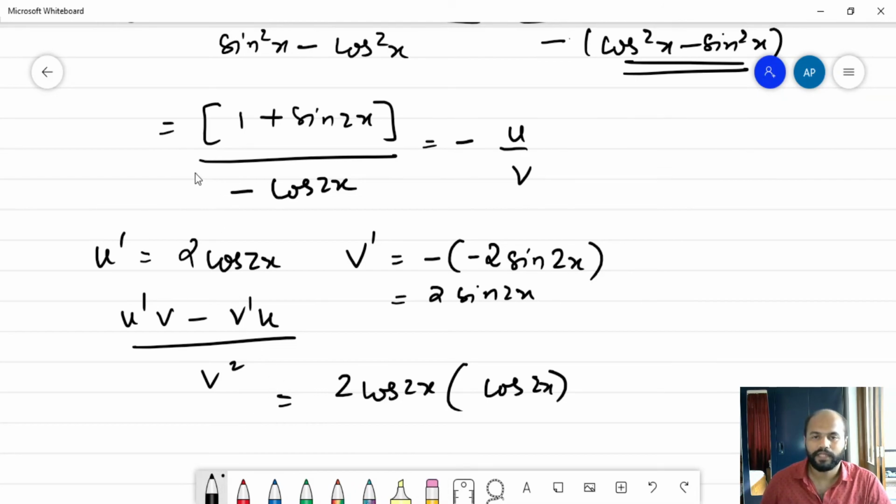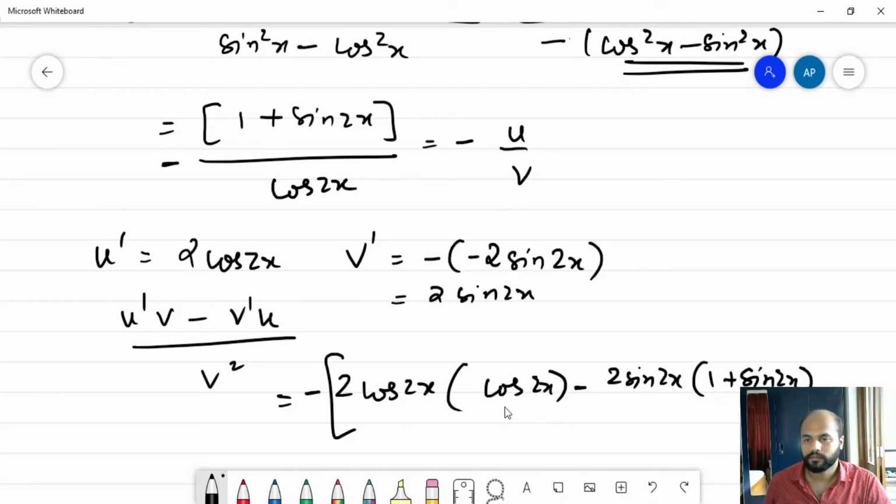We can keep this minus sign completely out so that there is no confusion. And minus the derivative of v dash, that's going to be 2 sin 2x into the first function 1 plus sin 2x, divided by cos square 2x. So this is going to be the final answer of this question.